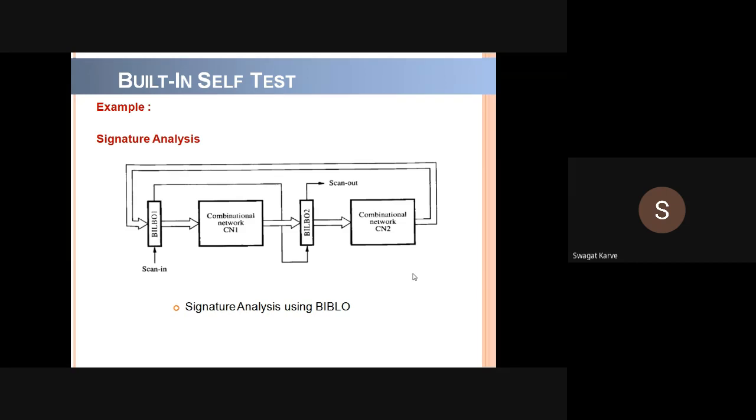If it doesn't match with the predefined signature, that means the expected output, then you can conclude that there is a fault in the circuit. Okay, so this is about the signature analysis using built-in logic block observer.